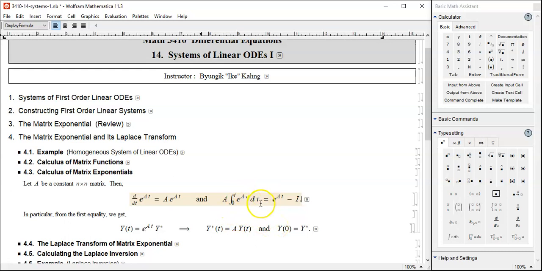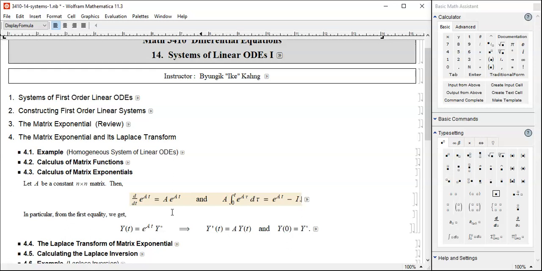Excuse me, the dummy variable is tau. Tau is going from 0 to t like that. And this one is, of course, more straightforward here. It's a derivative formula for the matrix exponential e to the At power. As expected, we have A times e to the At power, just like the chain rule form.